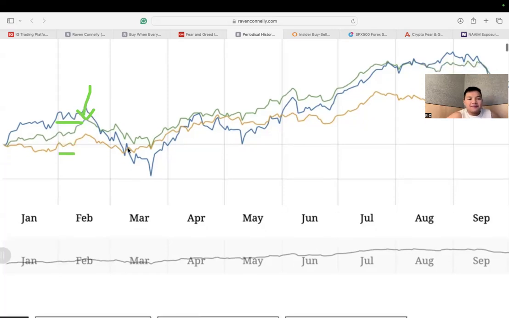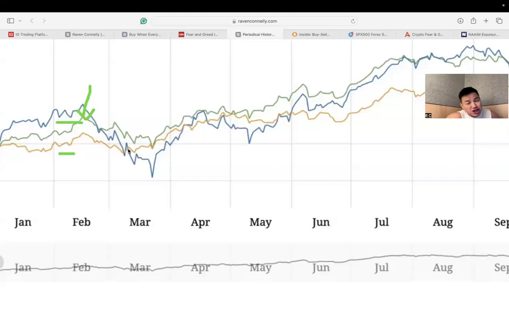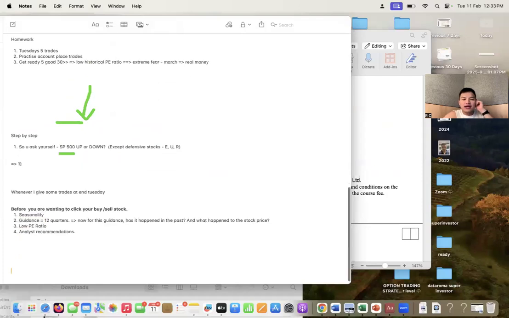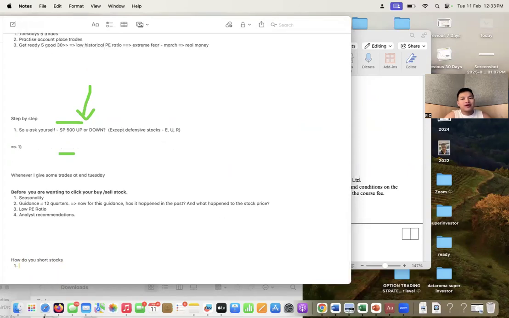If you're using leverage, let me just put it really clear here. Now, how do you short stocks? Before I talk about that, I just want to tell you that it's a dangerous sport. So you only want to use around 1 to 10% of your total capital to do things like that.